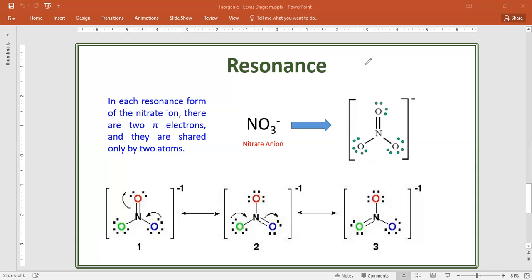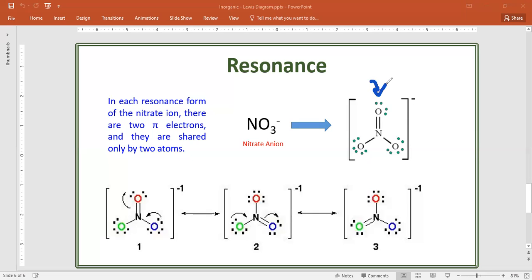We have a total of 8 valence electrons around each oxygen, which we can understand easily. Here 6 on the oxygen, and this bond represents 2, 6 plus 2, 8. So the octet rule is satisfied. And for this oxygen also, 6 plus a bond representing 2 electrons, total 8. The octet rule is also satisfied.